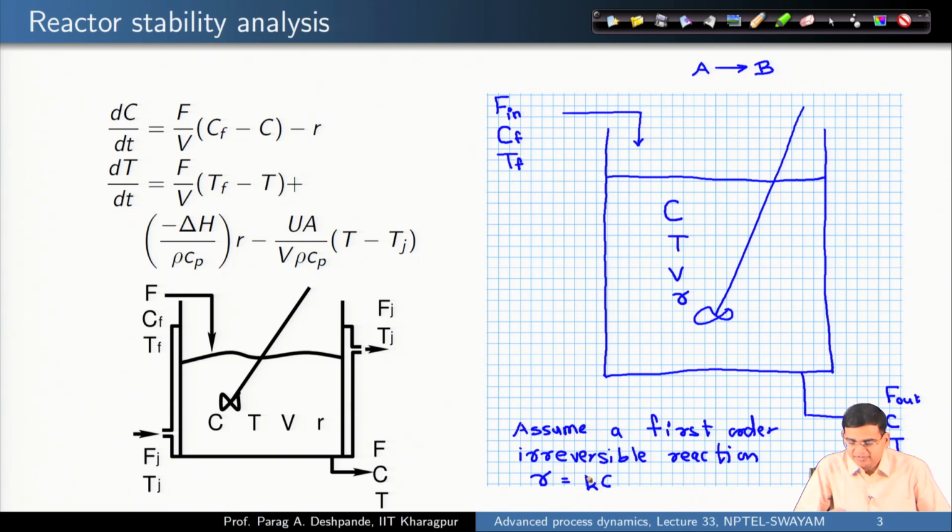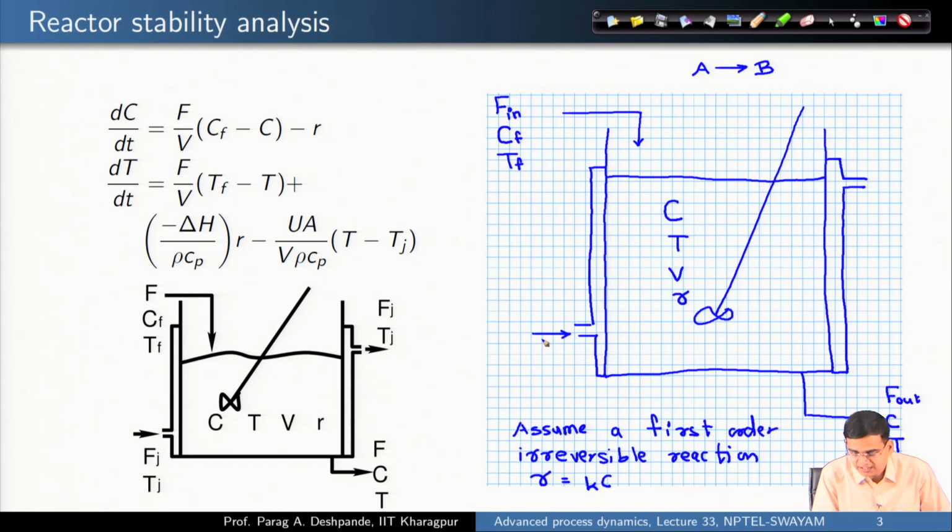So, what can be a possible arrangement in which you would be in a position to take out the heat from the system? I will put a jacket around my reactor. So, let us say that I have a jacket and there would be a stream of the cooling fluid going continuously in and coming continuously out.